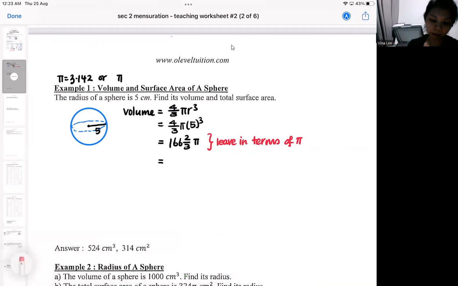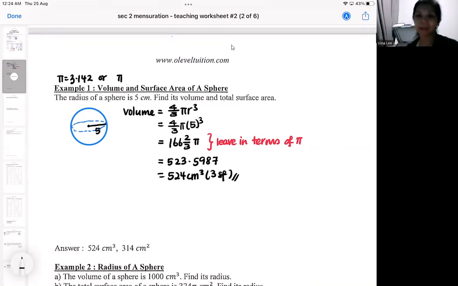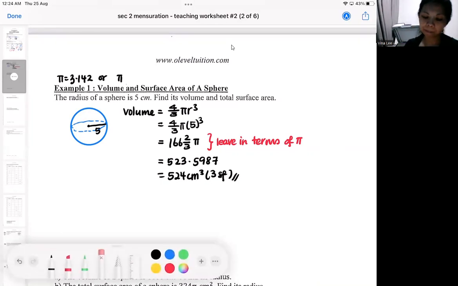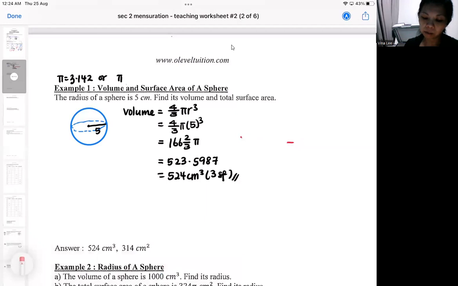So if I'm using the calculator pi, I will be getting this value, which I'll round to 3SF. Again, my habit is to write the decimal before I round off to 3SF.